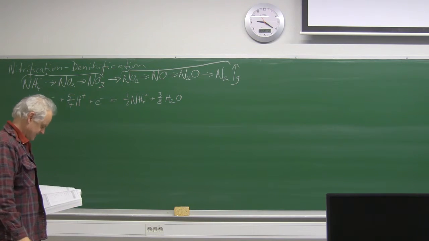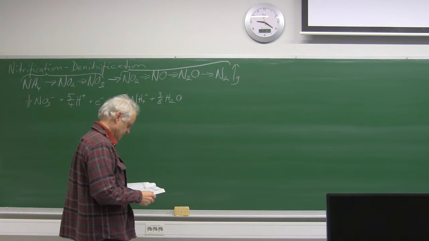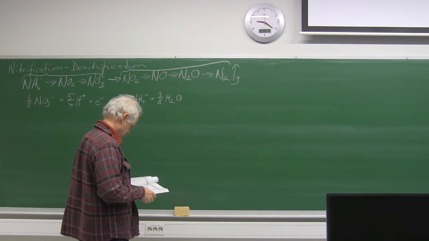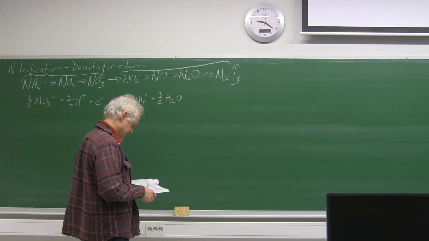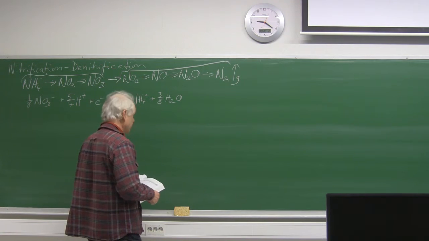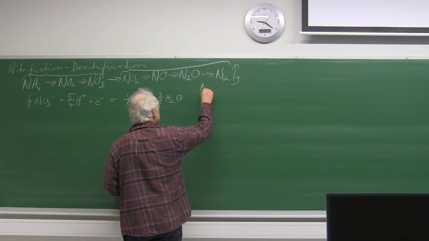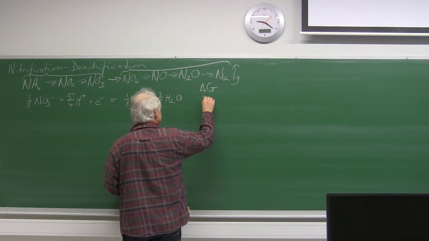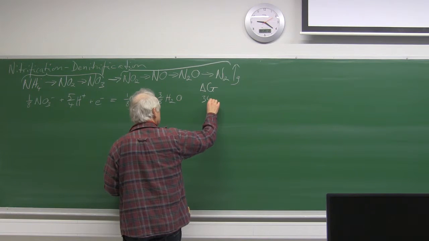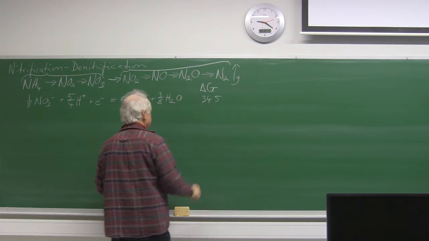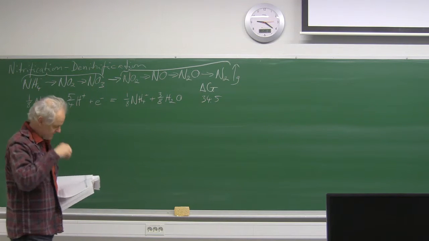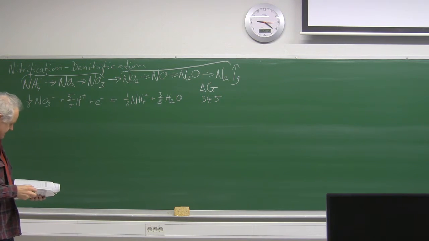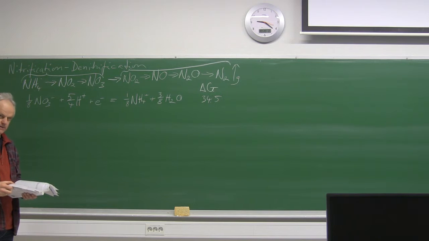We also have a delta G value, which is something we should consider, and the delta G here is 34.5. So we say that is the reaction for the electron donor for nitrification.